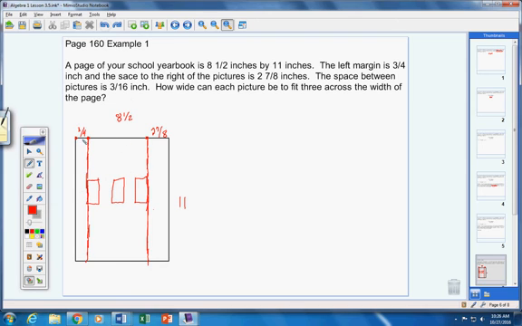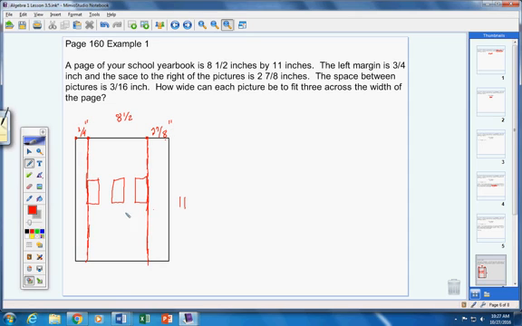It's pretty simple. The entire width of this whole page is 8.5. The entire length of the entire page is 11 inches. Now, to be honest with you, we're not going to use that 11 at all. It doesn't matter, but still it's there. There's your left margin, 3/4 of an inch. Your right margin is 2 7/8 inches.